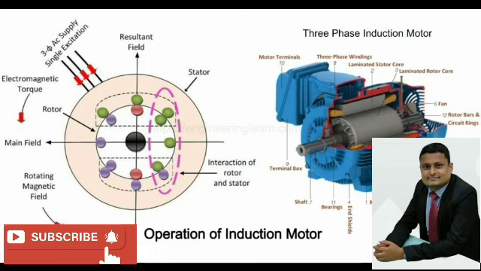Stator slots: open slots, semi-closed slots, tapered slots. Three kinds of slots are there. Open slots give easy winding repair and easy assembly, but higher reluctance and poor power factor. These are some features of open slots.